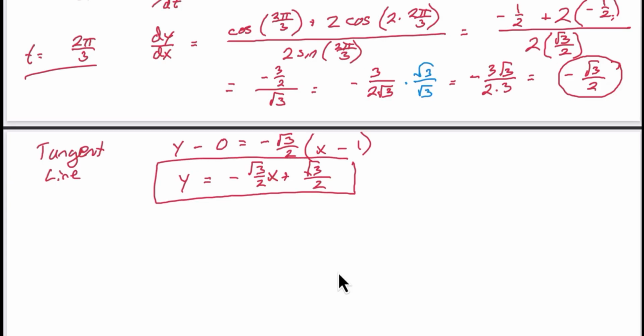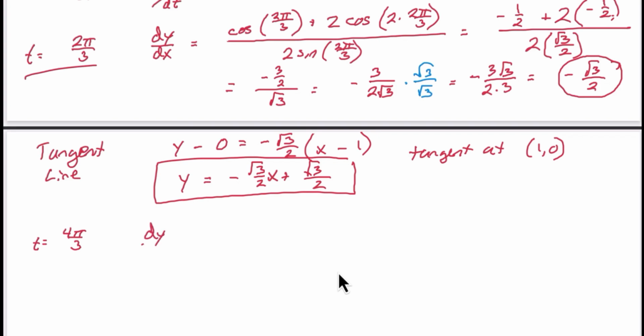This is the equation of the tangent line, again, at the point (1, 0). But there were two of them. Let's try to find the other. The other t value was when t was 4 pi thirds. We need to find the value of the derivative at 4 pi thirds.